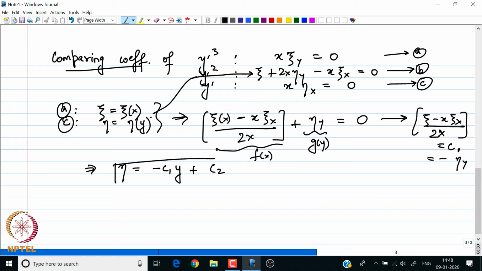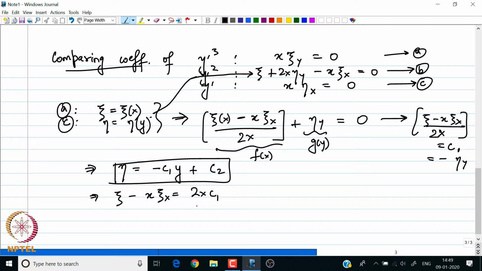So, that is my functional dependence of y on eta, and also solving the first equation. I have that xi minus x xi x is equal to 2 x C1, and from here if I divide throughout by x, well, what I have is eta y.